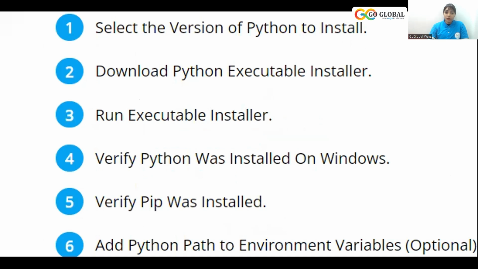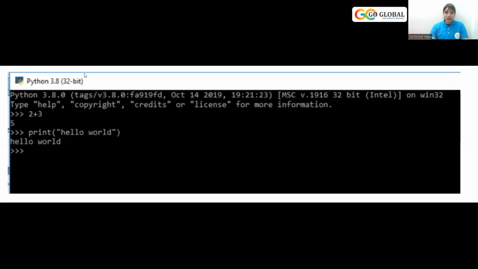And then you can open the Python interpreter this way. As you can see, this window will open here, and you can type any kind of program on this particular site.